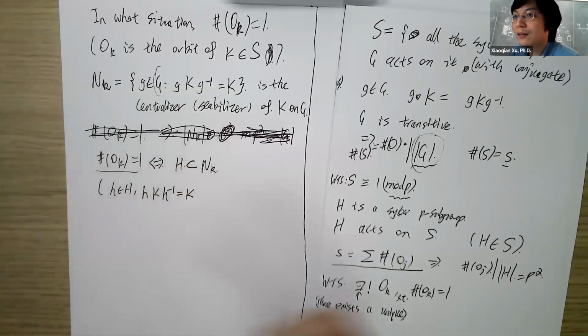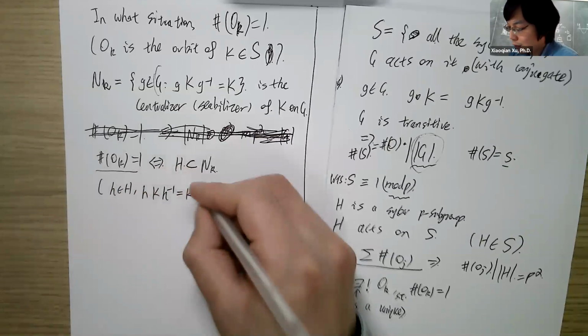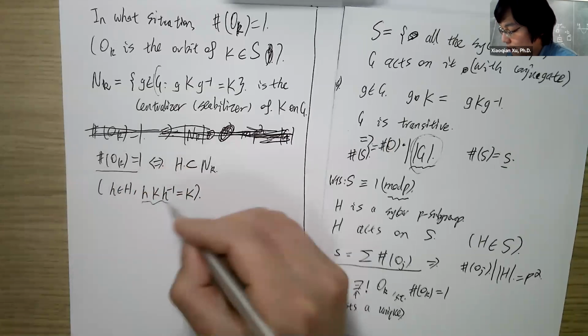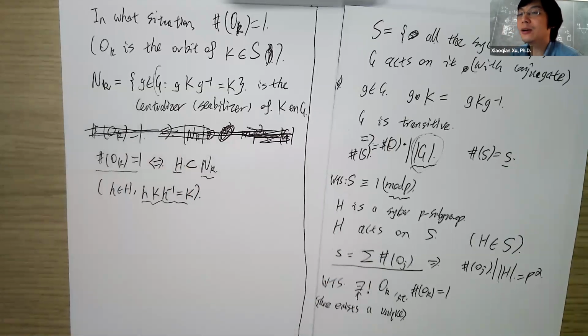Because your orbit is 1. So this means H must be in the stabilizer. It must be a subset of the stabilizer. Okay? That okay?